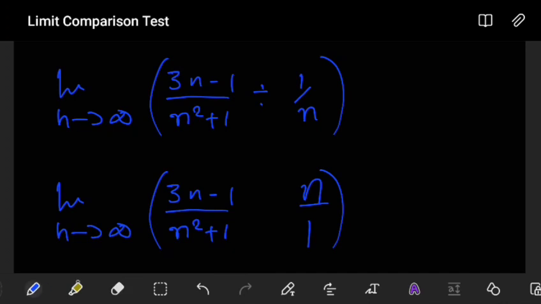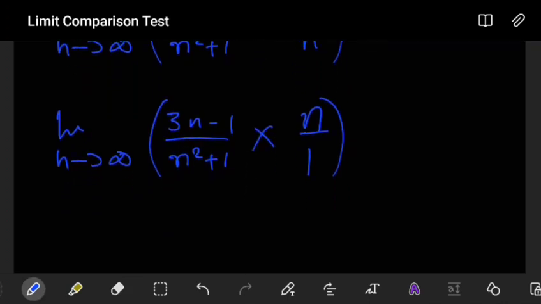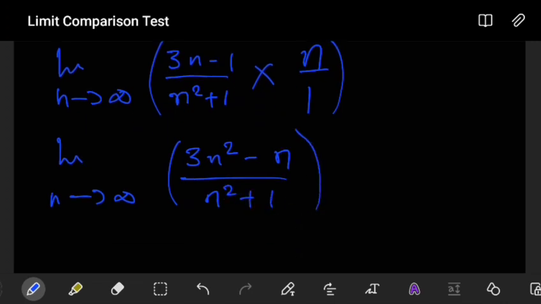So this is if you change the division to multiplication. And once you reach this part, multiply these terms, and now we have the limit as n approaches infinity. What you're going to have now is 3n squared minus n divided by n squared plus 1.